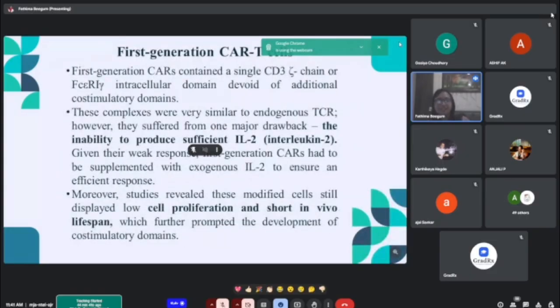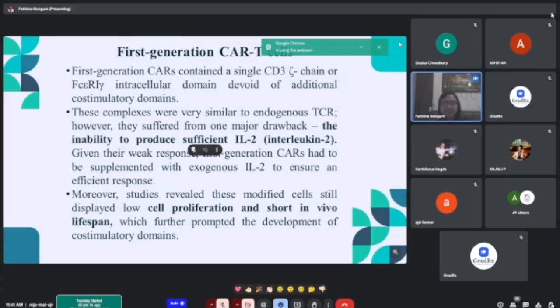The first generation has an extracellular domain, a transmembrane domain and an intracellular domain, but the intracellular domain doesn't have a co-stimulatory domain.